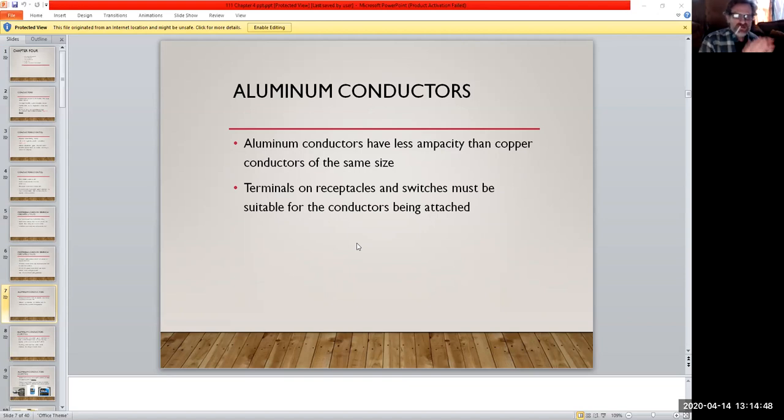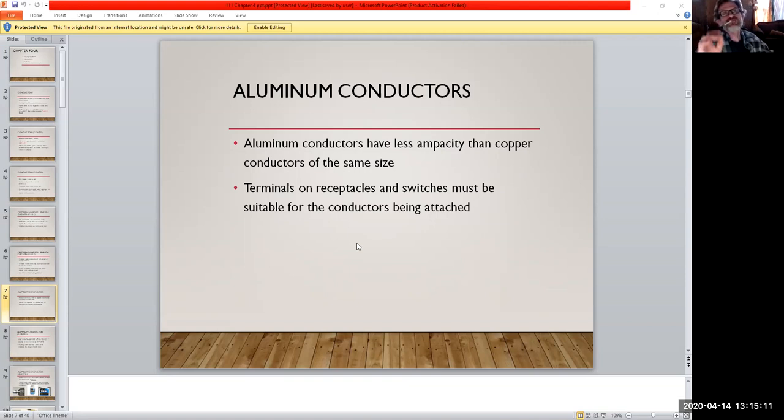And the reason being is aluminum is going to expand. When it expands like that, and this is over time, it will make the screw fasteners eventually start to loosen up, which is a very, very bad thing. So when you're using aluminum, you have to have special rated devices for aluminum.